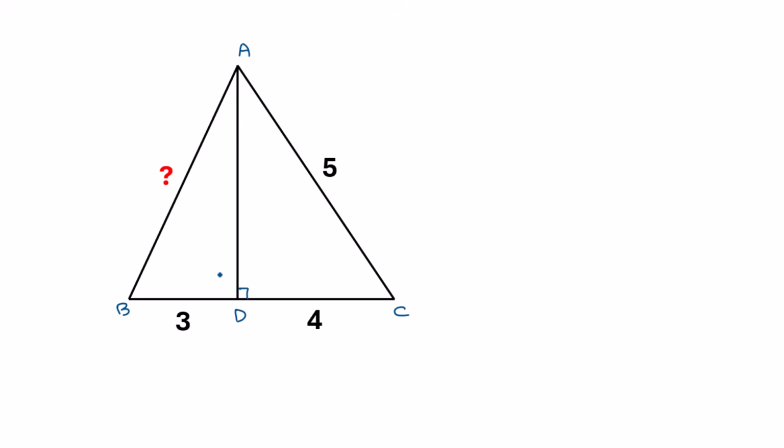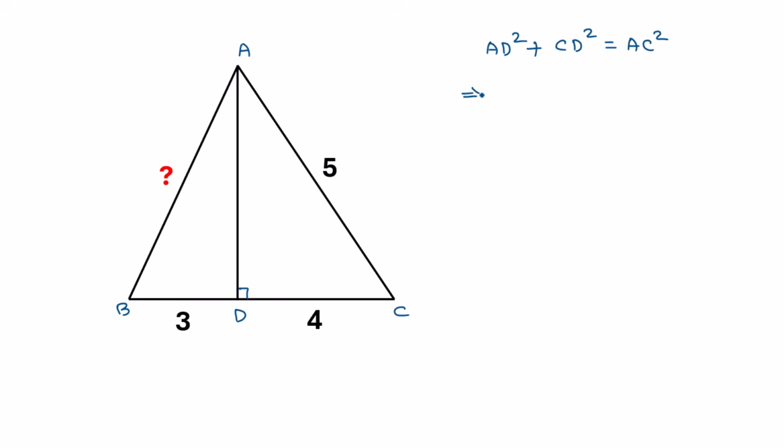So applying Pythagoras theorem to this triangle ADC, we can write this height square, AD square, plus this base square, base is CD, square is equal to this hypotenuse of this triangle, AC. So AC square.